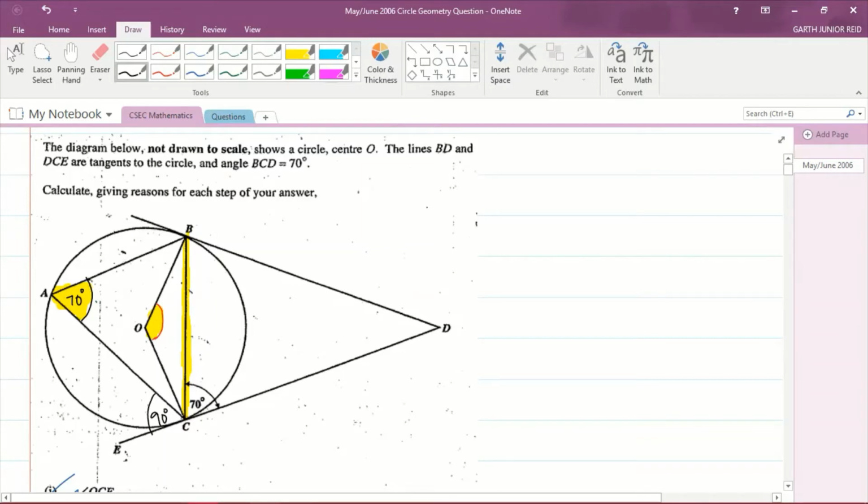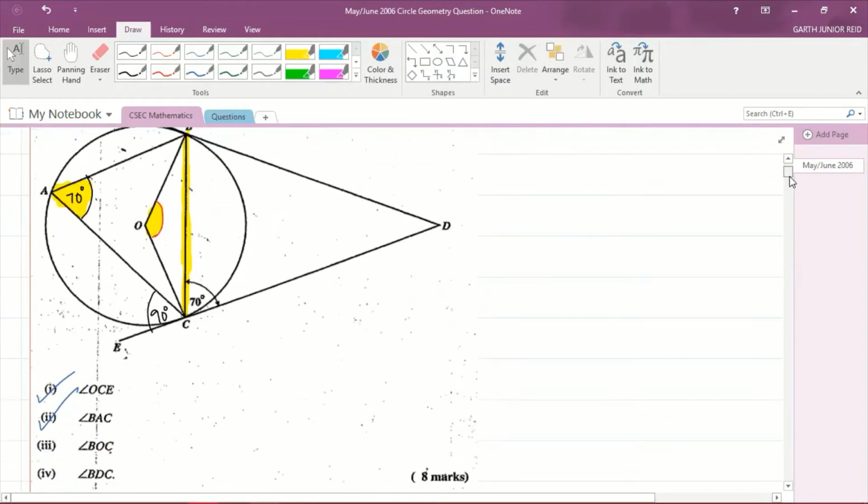The two angles that we're speaking about are the angle BOC and the angle BAC. Since those two angles stand on the same chord, BC, the angle at the center at O is going to be equal to 2 times the angle at the circumference, so 2 times the 70 degrees. Let us calculate that here.